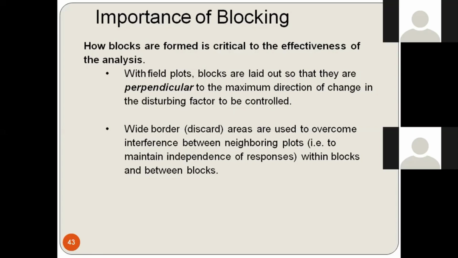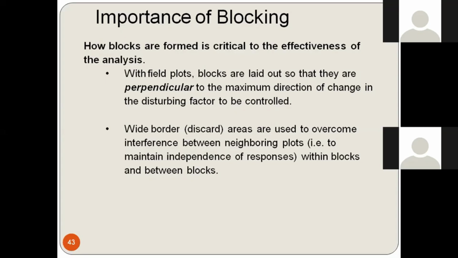The disturbing factor, we can also call it some kind of gradient. Either way is okay. By blocking we are expecting to have homogeneous conditions within the block.